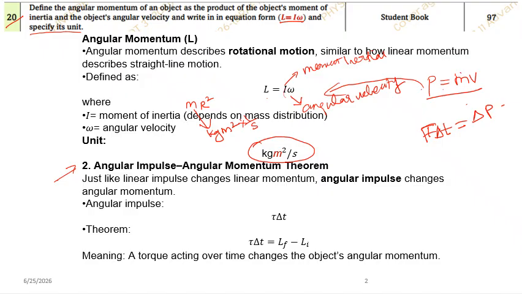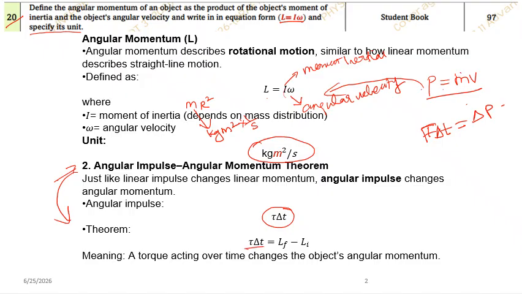Similarly, in rotational motion we have the angular impulse and angular momentum theorem. Why am I addressing it right now? It is very important to recall another unit of angular momentum. So how do we connect it with angular impulse?